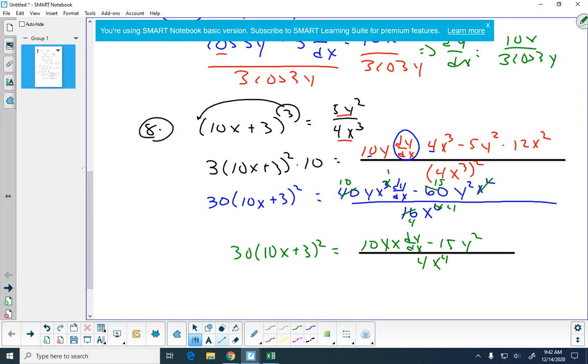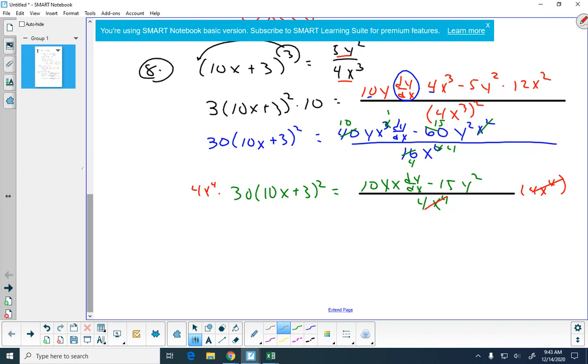I got a bunch of stuff that's connected to the dy/dx. The first thing, we have division by 4x to the 4th that we can multiply to both sides, which will cancel these out. So this gives us 120x to the 4th (10x + 3) squared, and this is equal to 10.